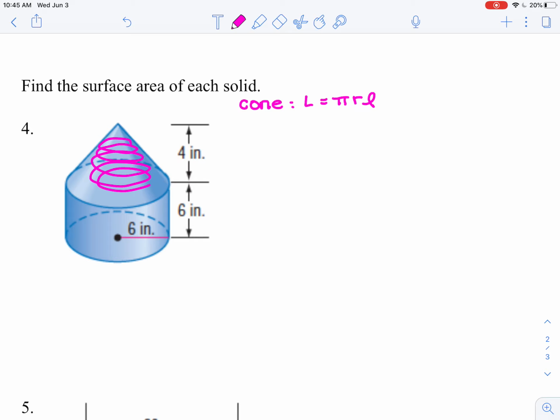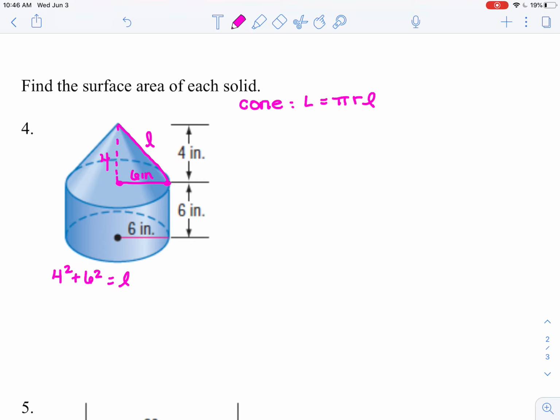When you take a look at this picture, we have our radius of 6 inches for the cone. Our normal height is 4 inches, but we're missing our slant height. So we create our right triangle, and then we can use Pythagorean theorem to find the slant height.